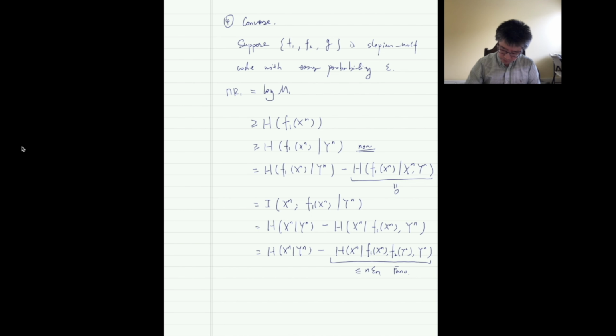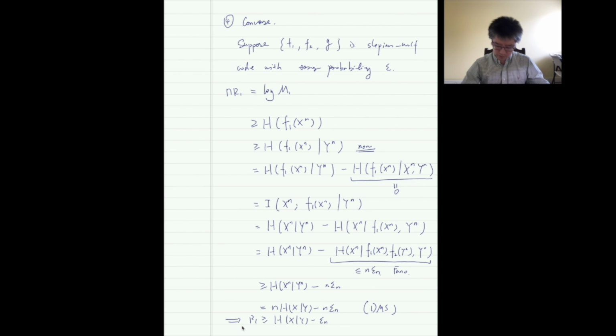And because of that, we can see clearly that the next step is that this will be bigger than, okay, and then this equals n H(X given Y) minus n epsilon_n, right, because of the DMS. Okay, therefore we get R1 is bigger than or equal to H(X given Y) minus epsilon_n.